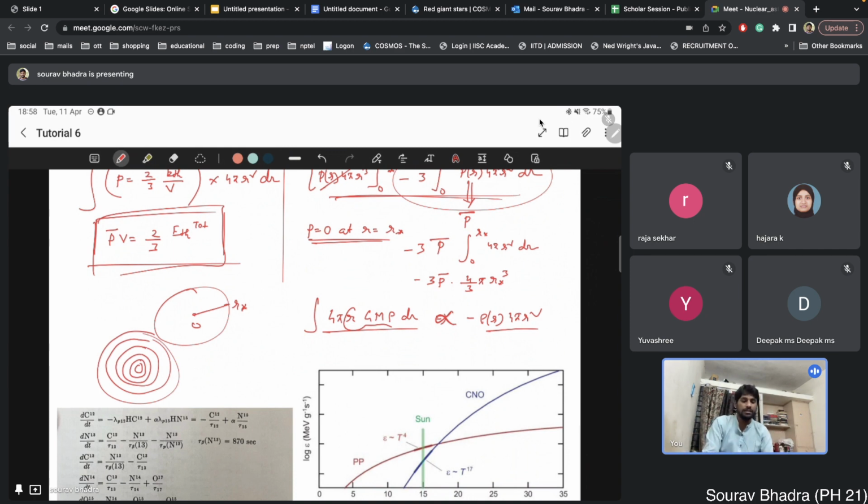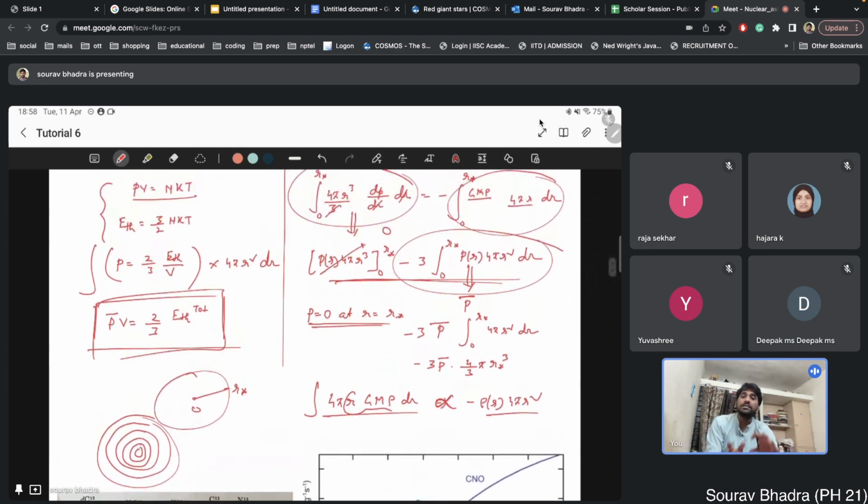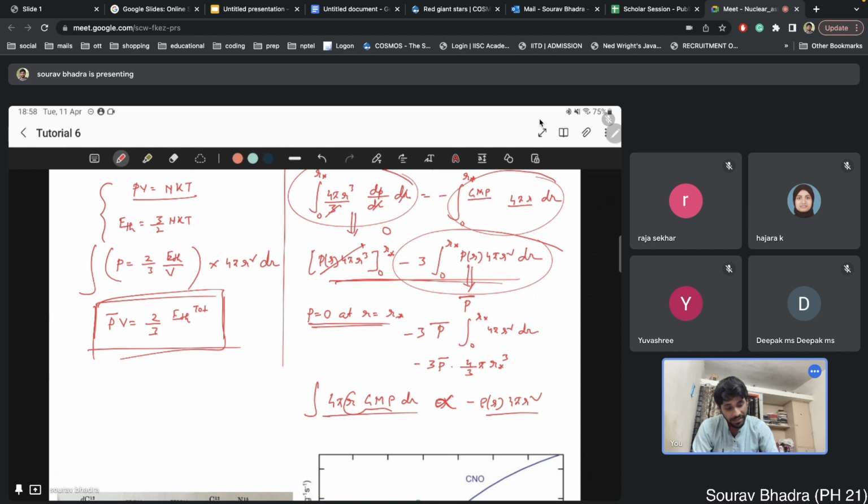Okay, so this right hand side is actually giving you the self energy of that star, which can be written as E of GR, which we will call self energy, and you know that self energy is negative, so minus EGR.